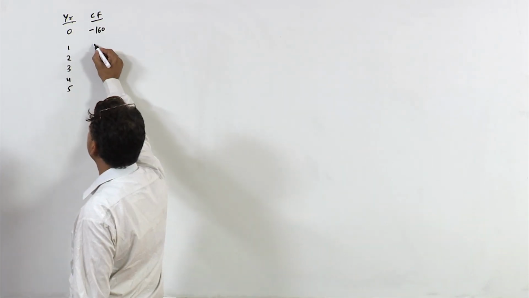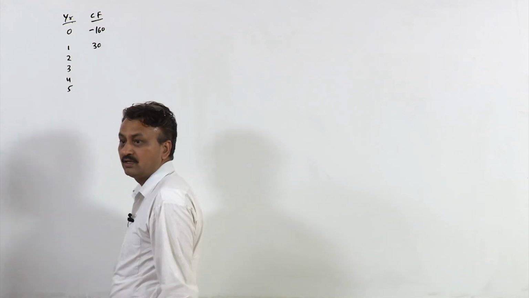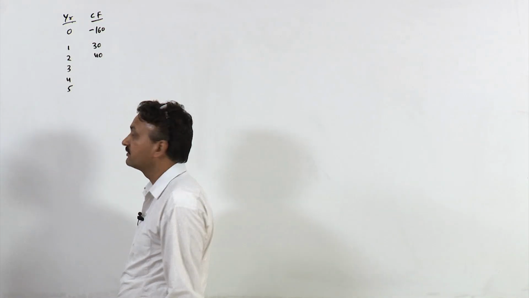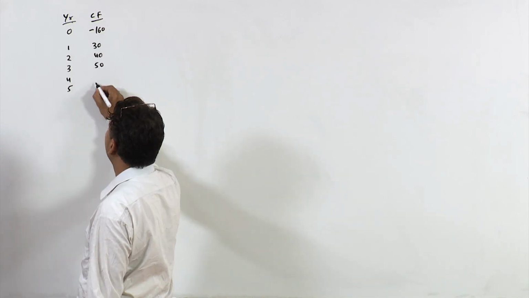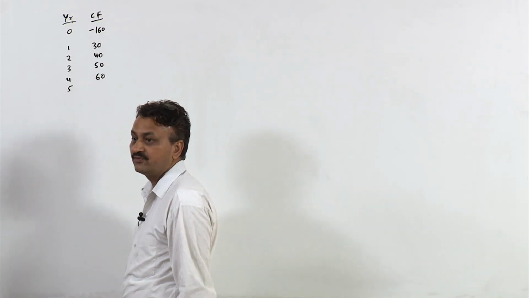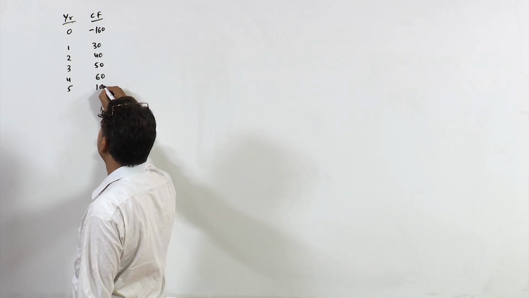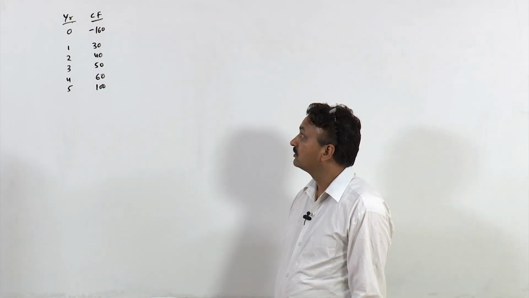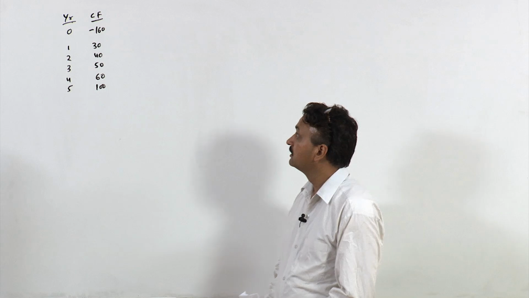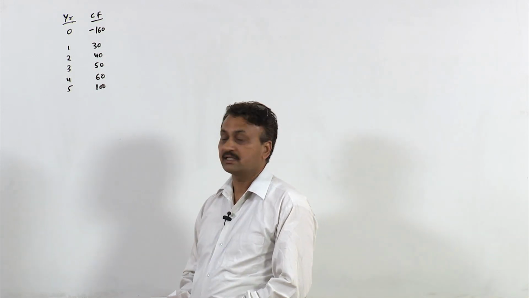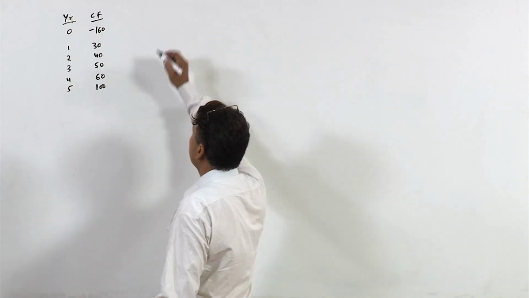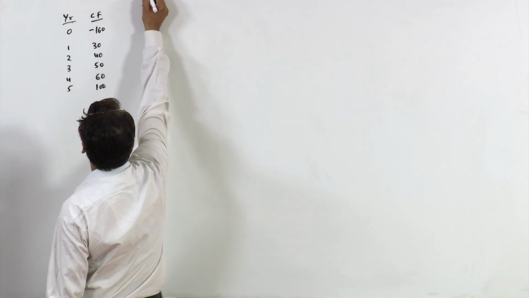Then you have got first year 30, second year 40, third year 50, fourth year 60 and fifth year 100, right. Now, let us calculate the present value factor for all these years by taking the discounting factor as 18% first.